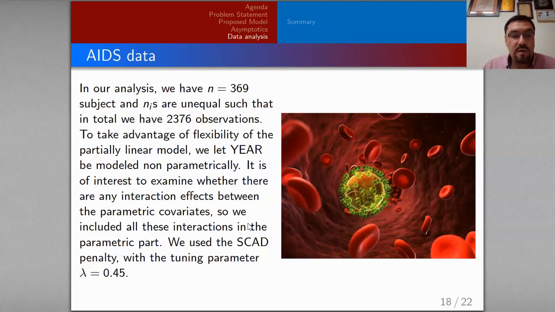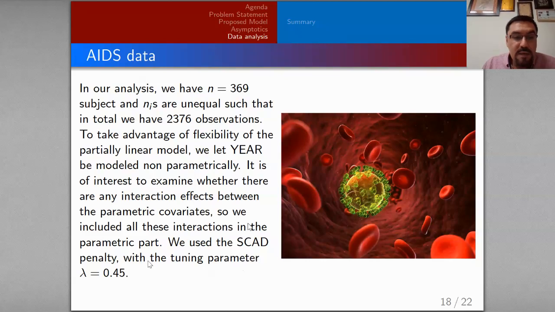Again, we are involved with ACTG data. We have a total number of 2,376 observations, and we let year be modeled non-parametrically, or better say, year does not affect the response linearly.